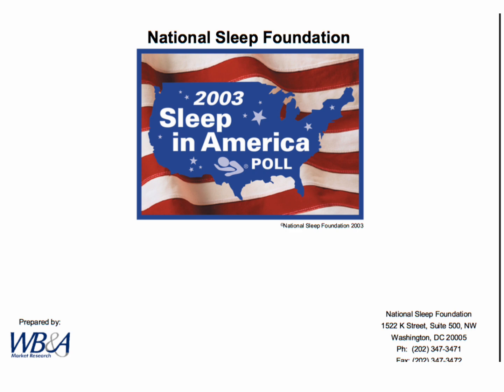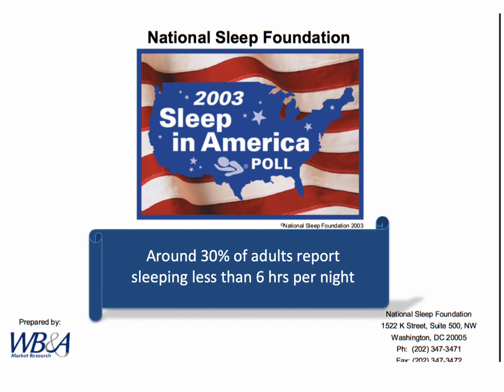In 2003, a U.S. National Sleep Foundation survey showed that around 30% of adults report sleeping less than 6 hours per night, as opposed to 9 hours a century ago, and this extended time of being awake may be testing the body's limit to maintain metabolic and hormonal equilibrium.